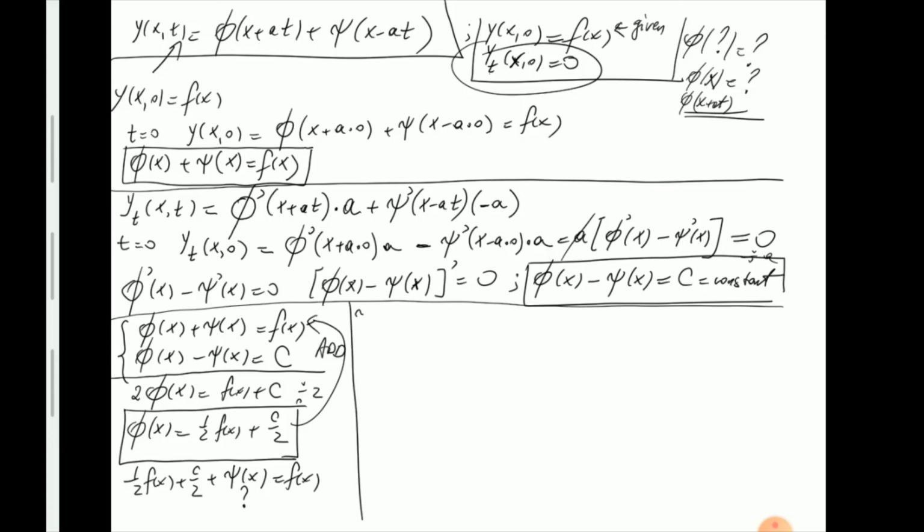So psi of x is going to be f of x minus, moving this to the right hand side, 1/2 f of x minus c over 2. And together f minus 1/2 f, that is another 1/2 f of x minus c over 2. C is still not determined for now, but you'll see it's not going to matter in the end.